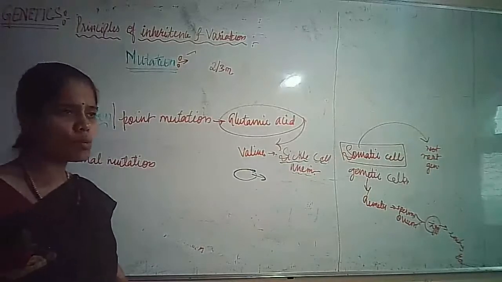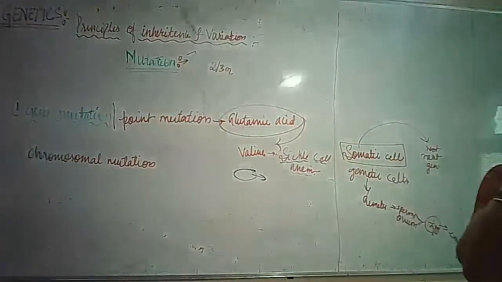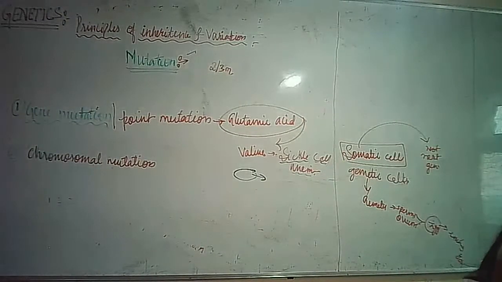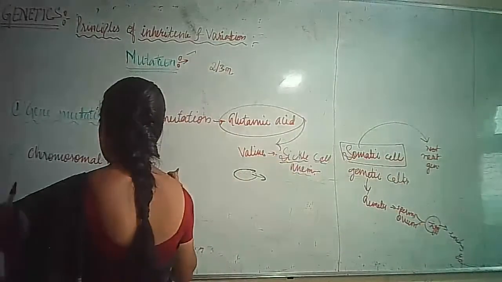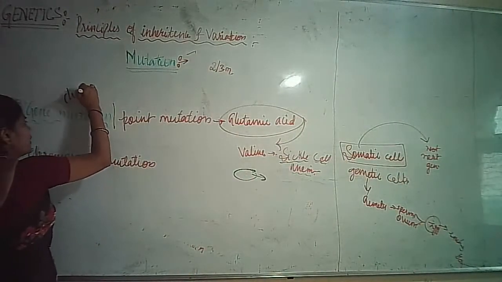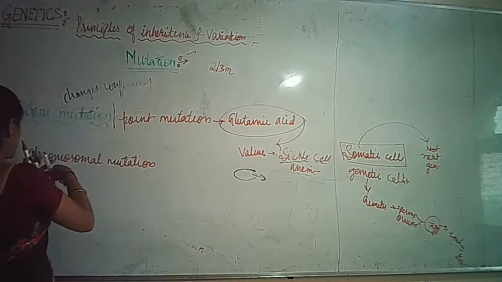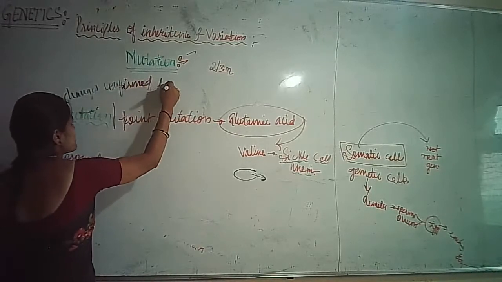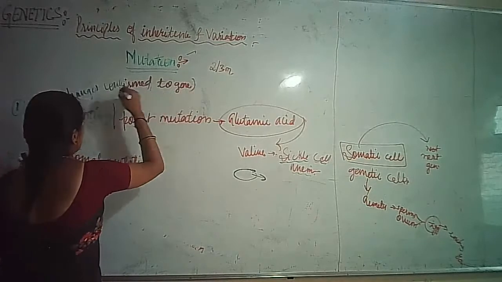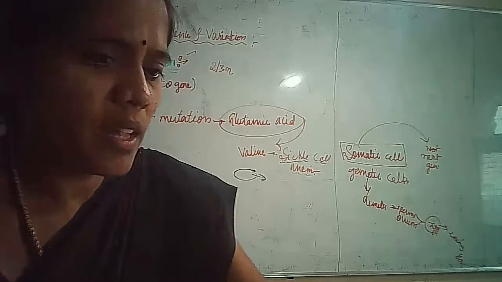So what about the chromosomal mutation? Here the mutations are directly taking place at the chromosomal level. In gene mutation the changes are confined to genes, that is, only at the gene level, the sequence of the DNA changes, isn't it?